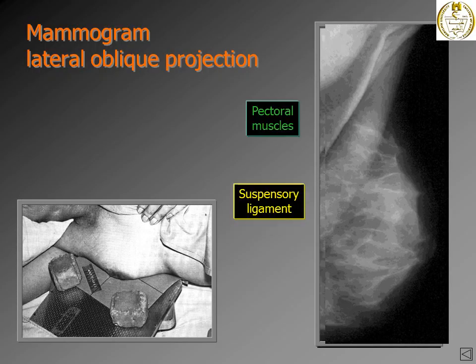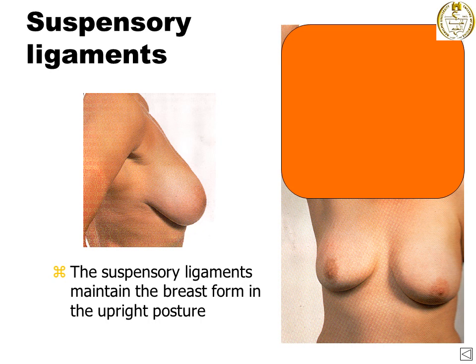This is a mammogram, one of the investigations used for detection of any abnormal mass or abnormal tissue inside the breast. The suspensory ligament maintains the breast form in an upright posture.